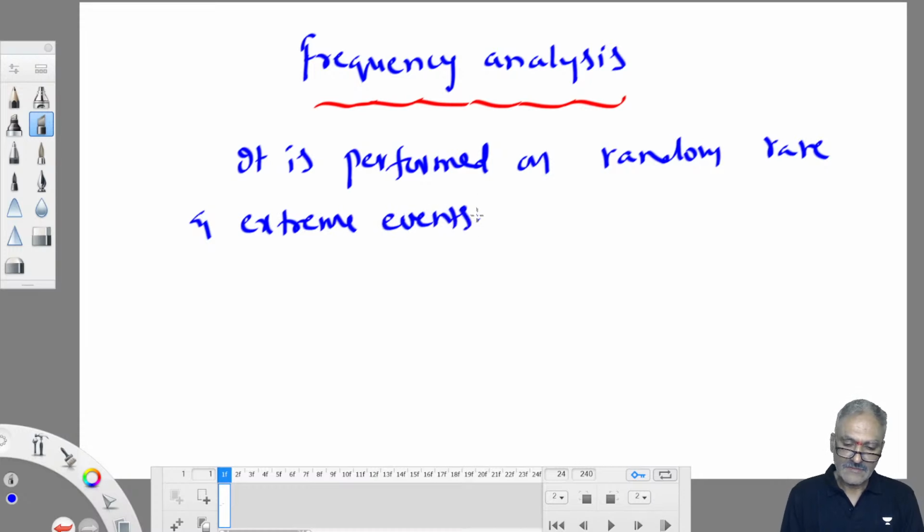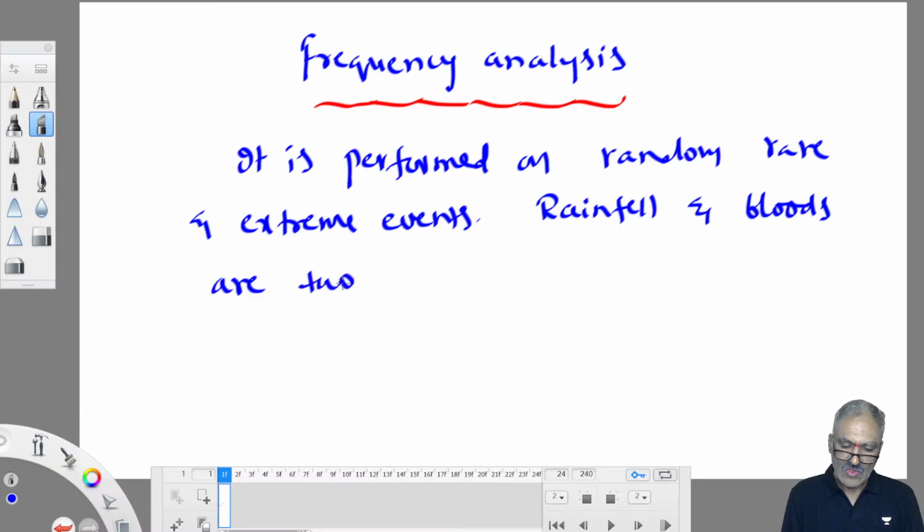Rainfall and floods are two hydrological events which are used in the design of hydraulic structures.